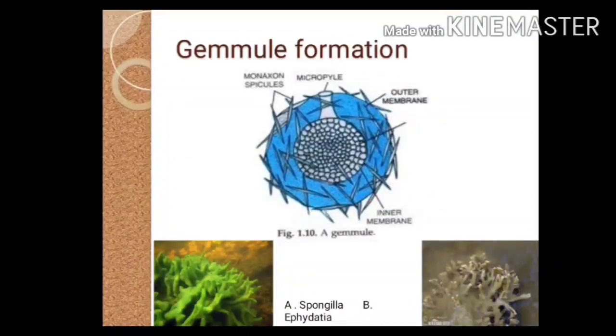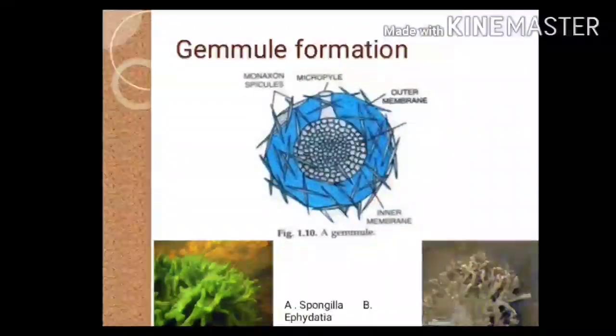The next type of budding is endogenous budding, also known as internal budding. In this internal budding, the bud is formed from the inner surface of the parent body.